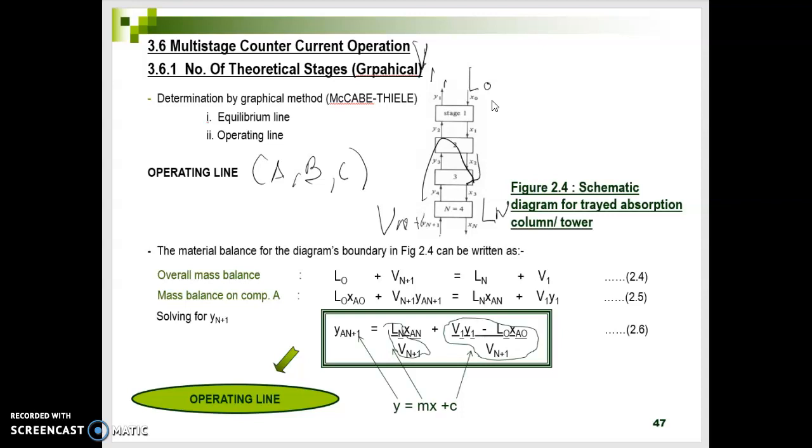To draw the graph, we are interested in the composition of A and the composition of C. Proceeding, to calculate the overall mass balance, we make summations of in and out, and then we can obtain the value that will be asked in the questions.